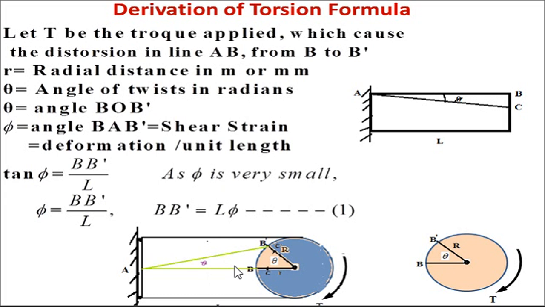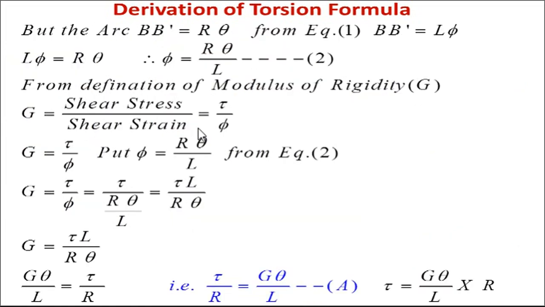That twist will be very small, so phi is also very small. That's why you should ignore the tan and just write phi equal to BB dash upon L, and then BB dash is equal to phi into L. This is an important outcome. BB dash is equal to L into phi. Say this is equation number 1.